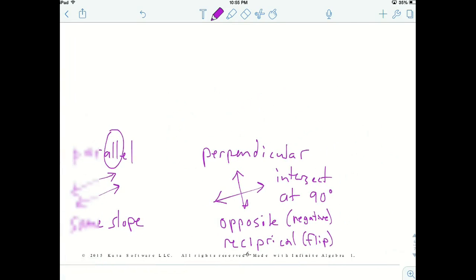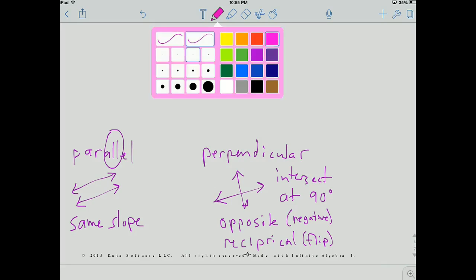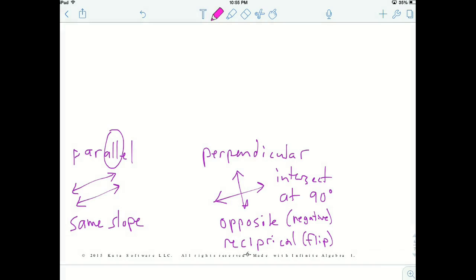So for example, if you had something like a slope of 2/5, when you want to make a perpendicular slope, you would flip the fraction, the reciprocal part, to make 5/2, and you would make it the opposite sign.